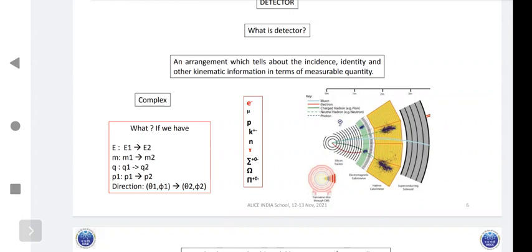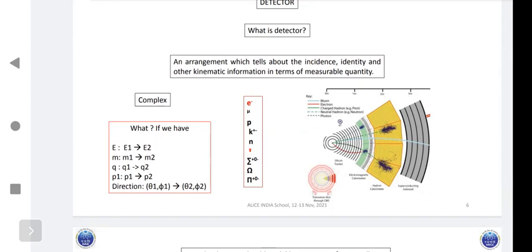And just a very small but very important piece of information: look at the comparative extension of the electromagnetic calorimeter and the hadronic calorimeter. You will find the hadronic calorimeter is at least 10 times thicker compared to the electromagnetic counterpart.